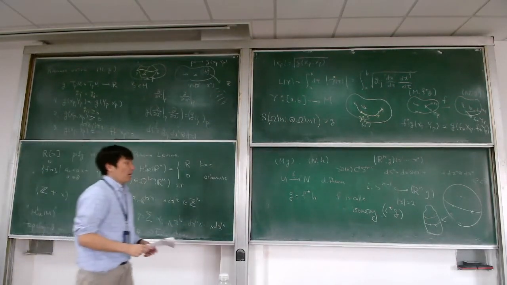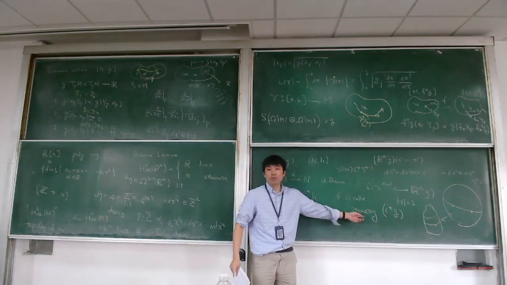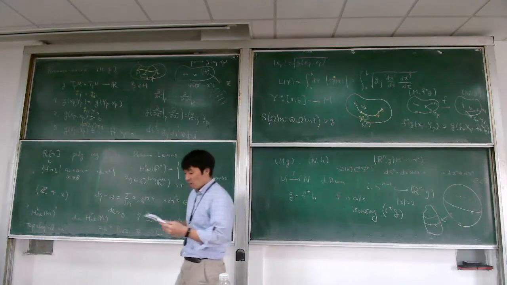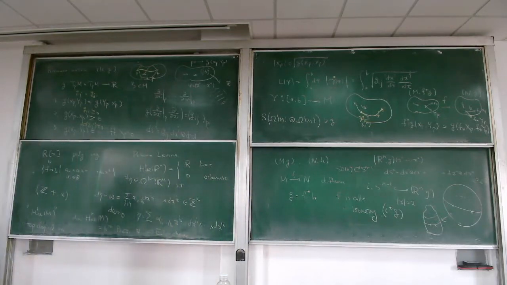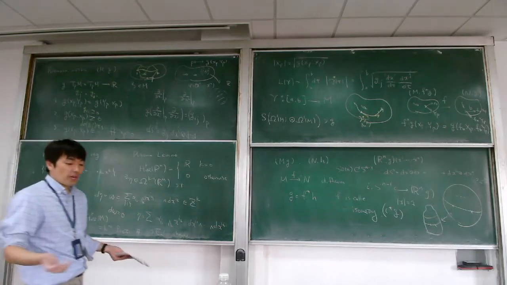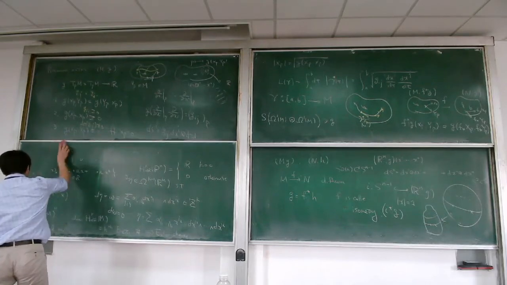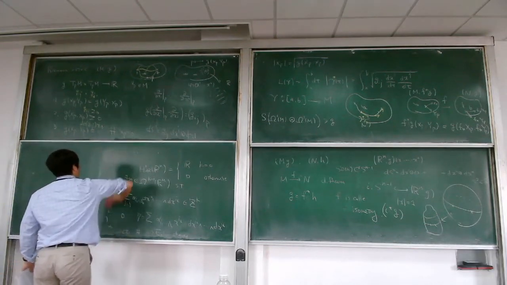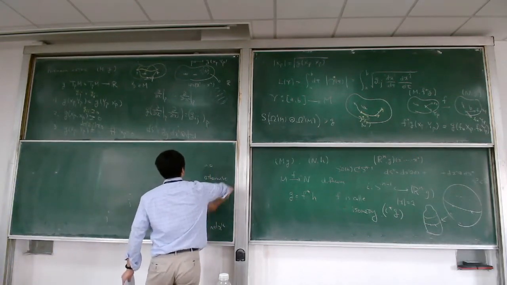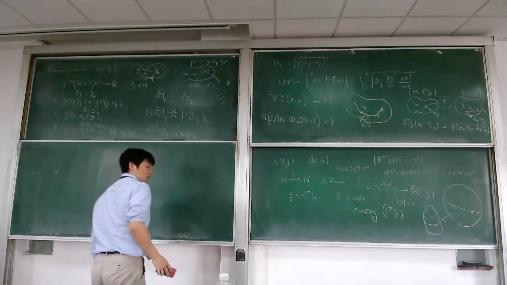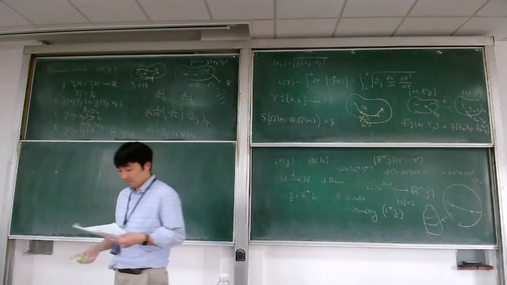And of course, isometries form a group. So this is one particular example of an isometry, and the group formed by the isometries is called the isometry group. Any questions so far?